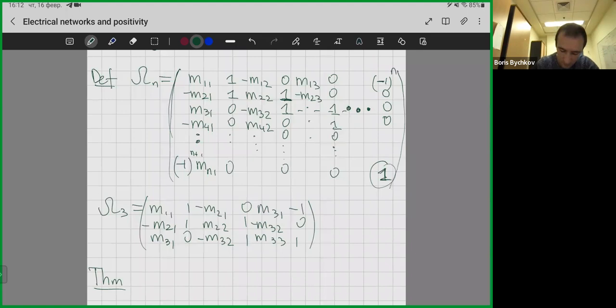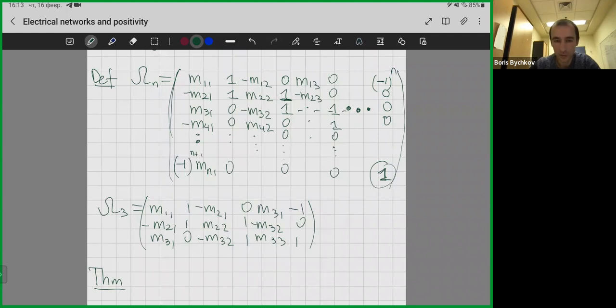Because the alternating sum of rows is equal to 0, because we have this Mij from the response matrix, and it defines a point in the Grassmannian n minus 1 to n.